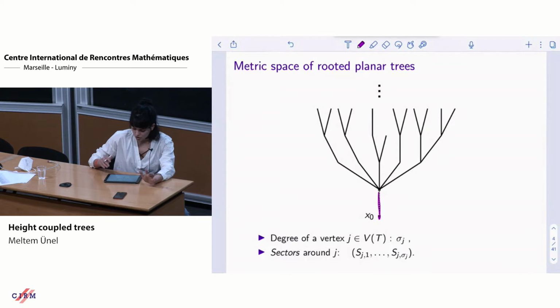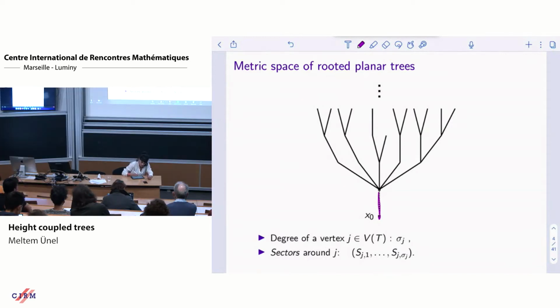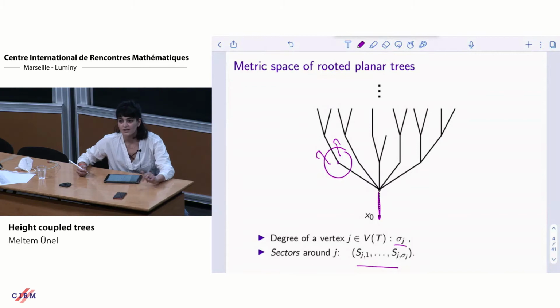I'm going to fix some notation now. Let's say this is the vertex j. I'm going to denote the degree of a vertex by sigma j. And the sectors around j are these things. If I draw a little circle around this vertex, this circle is divided into angular sectors around this vertex, and these I'm going to call sectors.